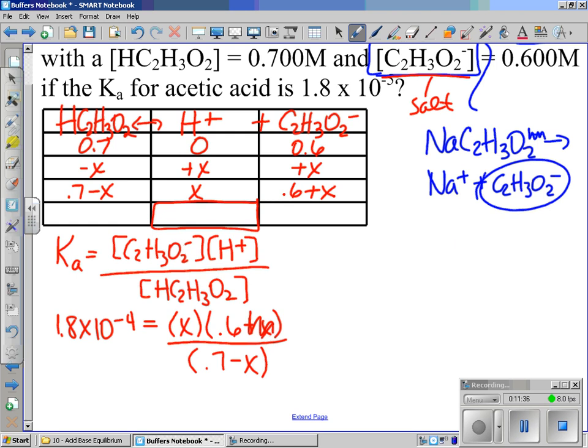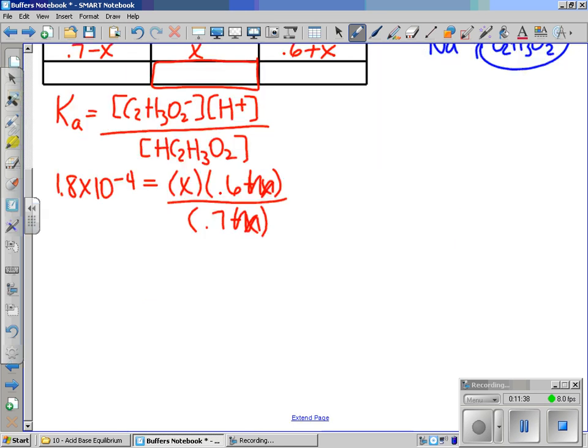So for our trick, I'm going to get rid of the X here, and I'm going to get rid of the X there, and I'm going to solve. So when we solve, we get that X is equal to 2.1 times 10 to the negative fifth. Now, take your calculator while you still have that number in your calculator and divide by the initial concentration of the acid, which was 0.7, times 100. That tells us that this thing barely ionized. It's like 0.003%, so we're fine with using our trick.